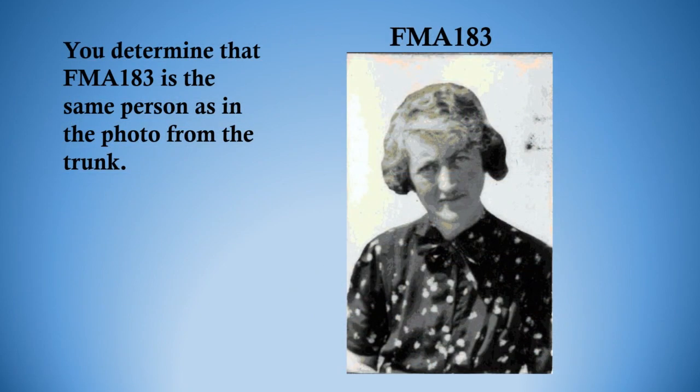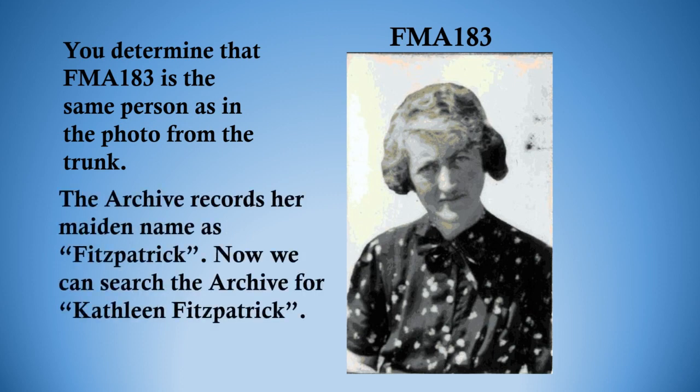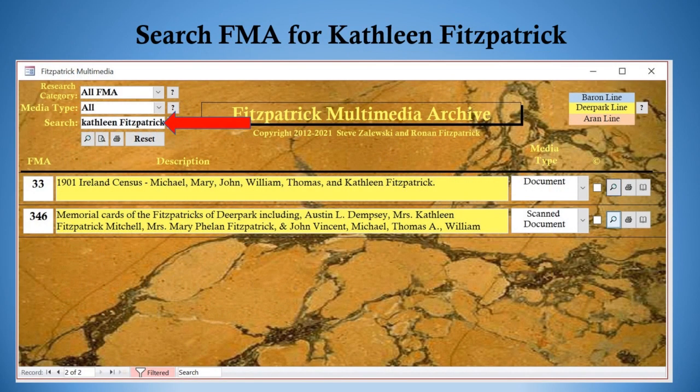You determine that FMA 183 is the same person as in the photo from the trunk. The archive records her maiden name as Fitzpatrick. Now we can search the archive for Kathleen Fitzpatrick. Replacing Kathleen Mitchell with Kathleen Fitzpatrick produces this screen.